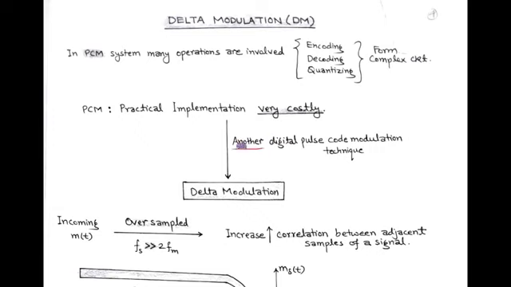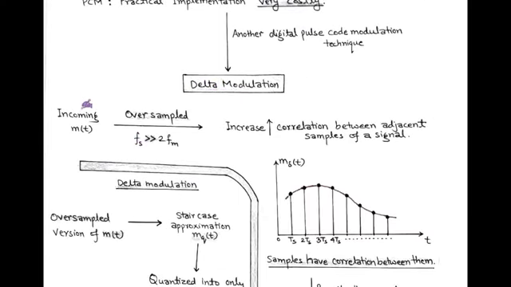And we move to another digital pulse communication technique which is more efficient or less costly as compared to PCM, and this technique is called delta modulation. In delta modulation, the incoming modulating signal m(t) is oversampled, that is, the sampling frequency fs is far greater than twice of fm.